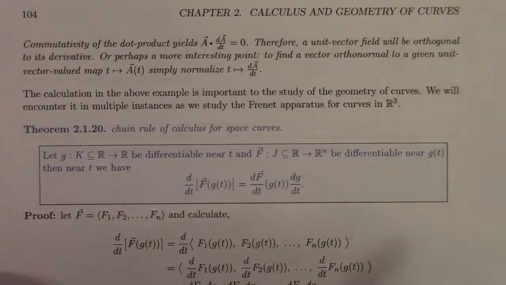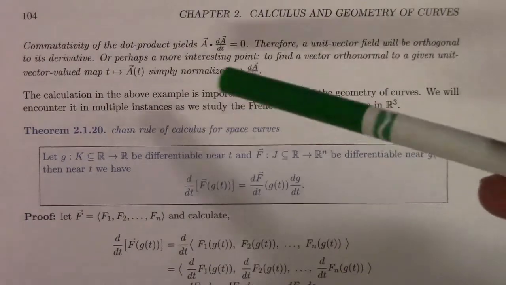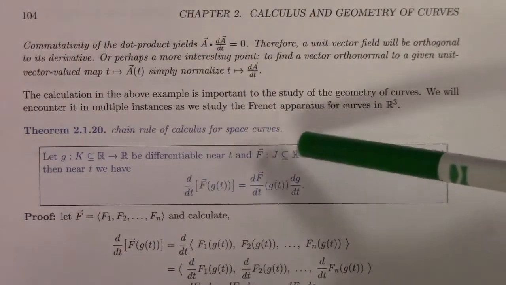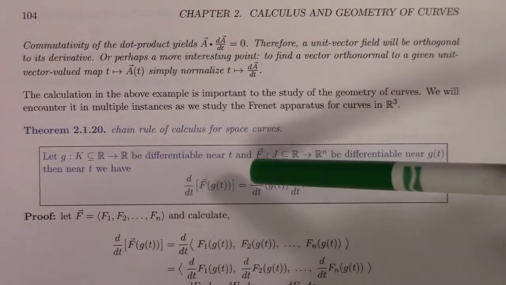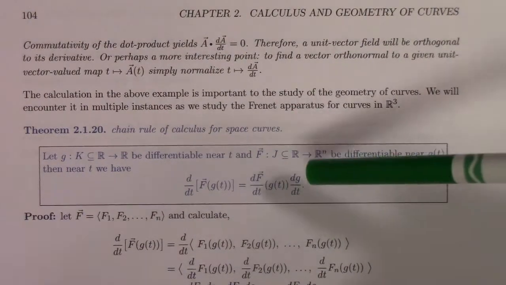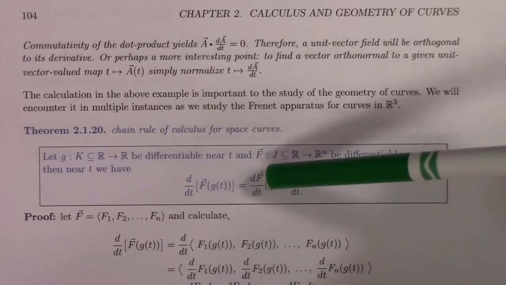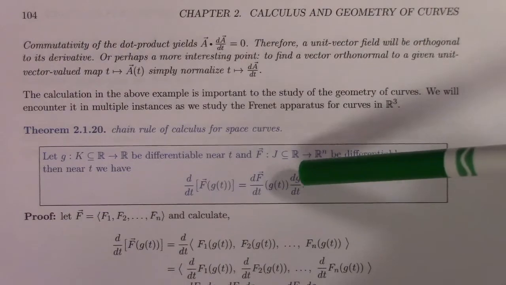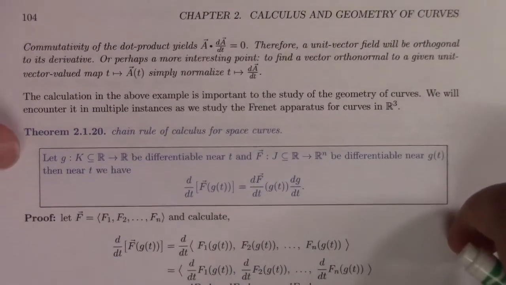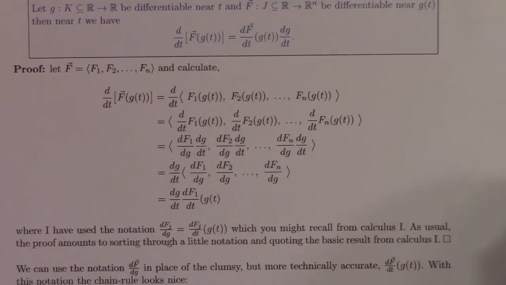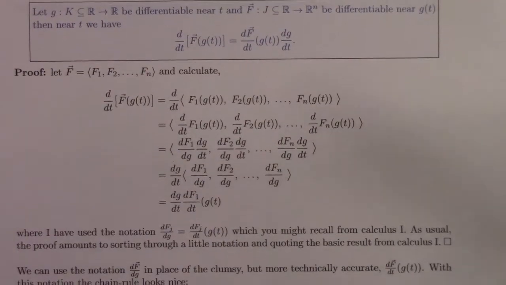There's also the chain rule, which I noticed in an example before. Here's the generic chain rule. If we have a vector valued function composed with just a function from reals to reals, then the chain rule says you do df/dt, the derivative of the vector valued function evaluated at the inside function, times the derivative of the inside function. The proof of that is just the chain rule applied component-wise over and over again, so it's a lot like the ones we've already done.